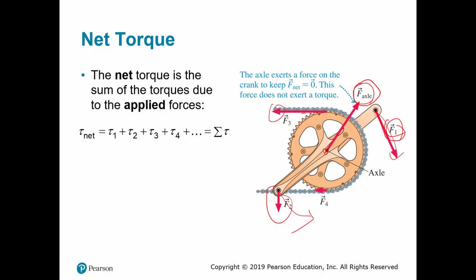This will rotate the gear counterclockwise, so positive torque. And then F4 will rotate the gear clockwise, so negative torque. So then you have to find each value with the proper sign. Then you can find the net torque.